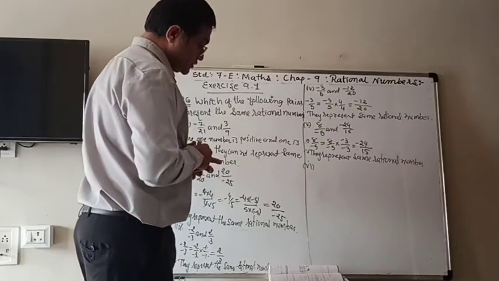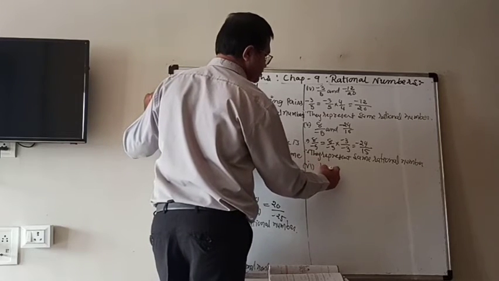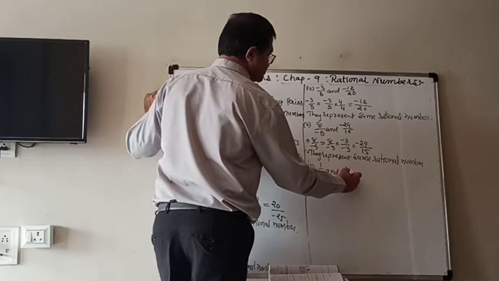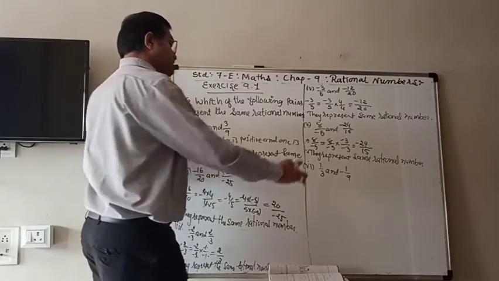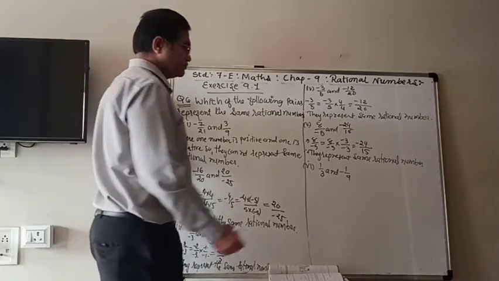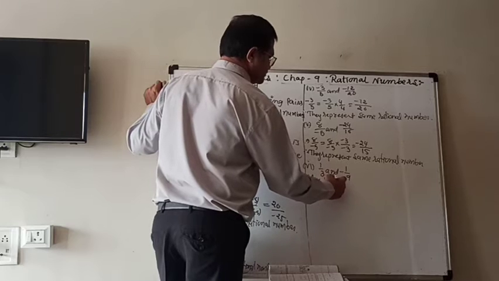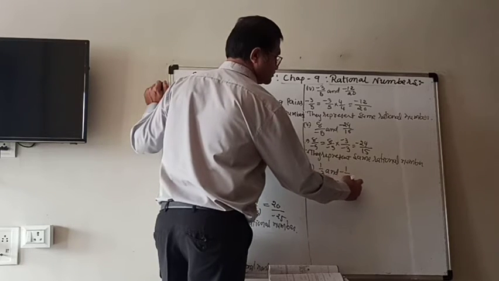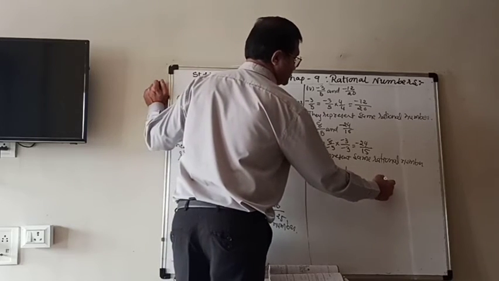Sixth pair. Sixth pair represent 1 by 3 and minus 1 by 9. Here you can see that one is positive, one is negative, so it can't. So here both numbers have different signs.